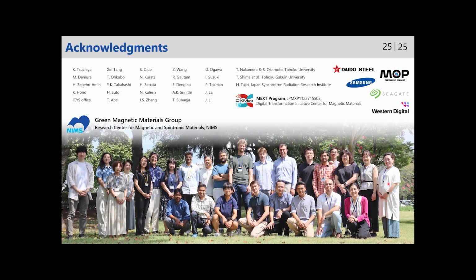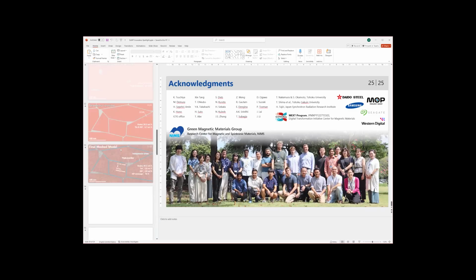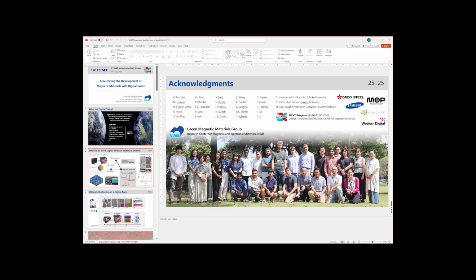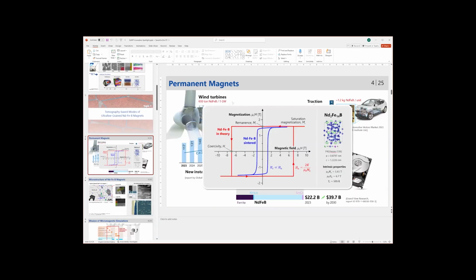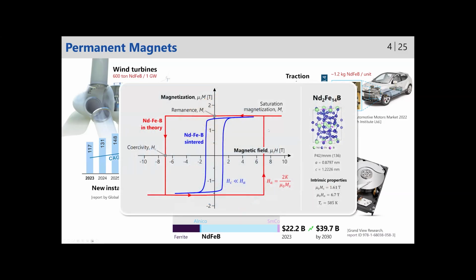So Brown's paradox is, if I go back to some of my slides, if you can see the slide, that's what I was talking about. We have a coercivity for a real sintered magnet, and we have an expectation for coercivity like the anisotropy field.